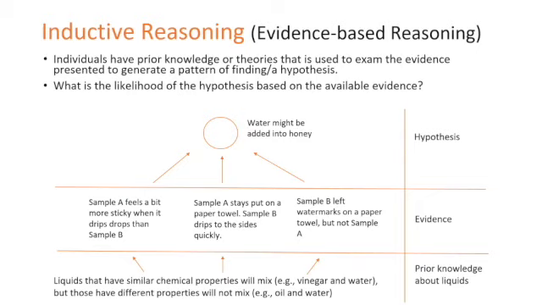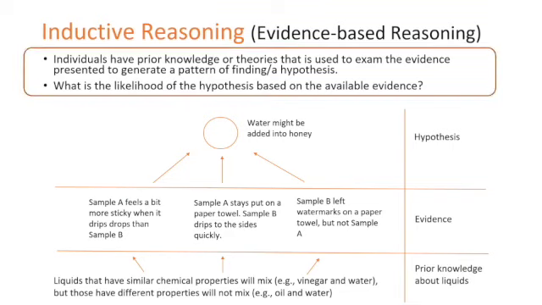The two important aspects about the inductive reasoning are: an individual has a prior knowledge or a theory that is used to accept the evidence presented to generate a pattern or find a hypothesis. Mostly, we ask, what is the likelihood of the hypothesis based on the available evidence?